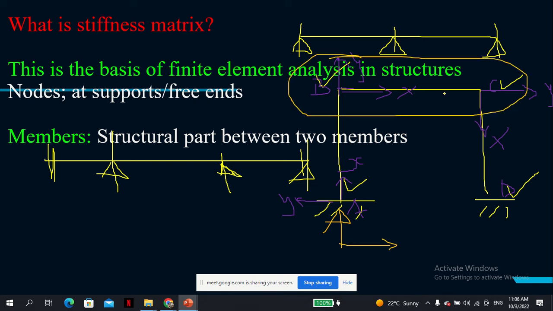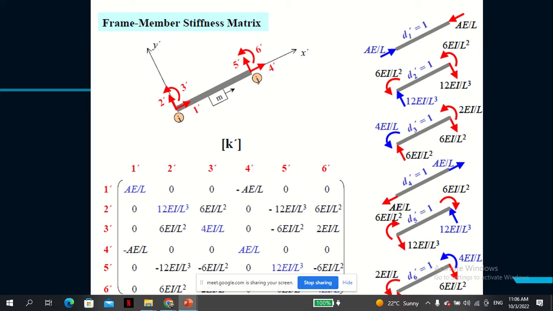Once you derive the stiffness matrix for member BC, you don't have to transform. For these other ones that are not vertical or horizontal, you have to transform them. You find their stiffness matrices, but you have to transform them to the global direction. That's why there is what you call a transformation matrix as well.